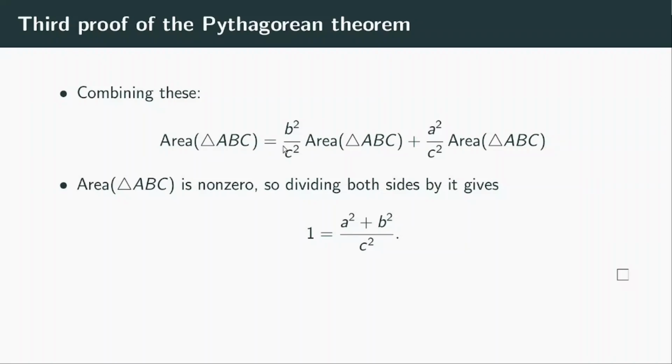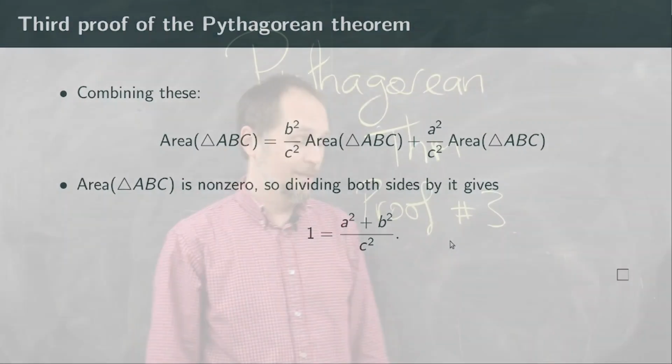And now I have a common factor of the area of the triangle ABC. The area of that triangle is non-zero, so we divide both sides by it, and that gives me that 1 is equal to a squared plus b squared over c squared. And now we just multiply both sides by c squared, and that proves the Pythagorean theorem for us.